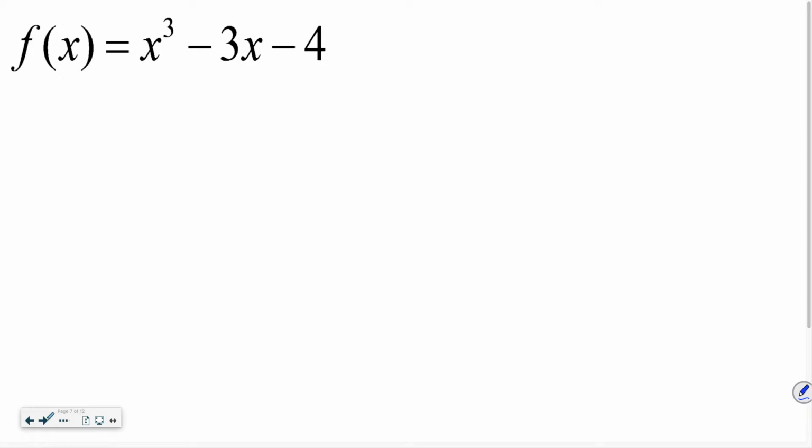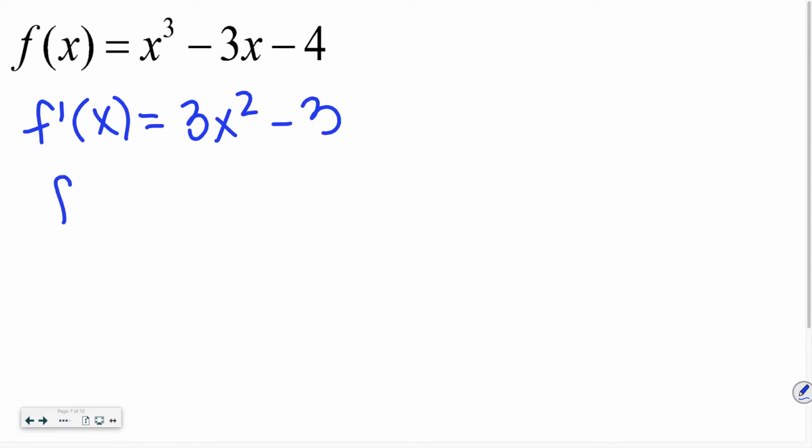If we are going to look at concavity, you need to associate concavity with what? The second derivative. You see the word concavity, you think to yourself, I need the second derivative. Well, first we need the first derivative, right? What's our first derivative? Everyone together.